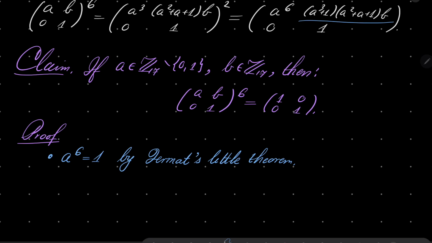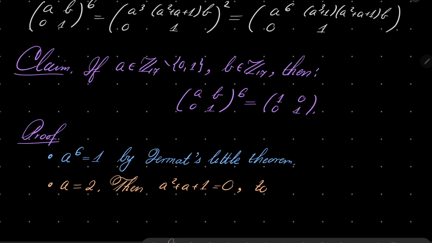It should be always 0, yes? How to prove it? Well, I will proceed case by case. First case, when A equals 2, then A squared plus A plus 1 is 4 plus 2 plus 1, it's 7, but 7 is 0. So this term is 0 as it should.